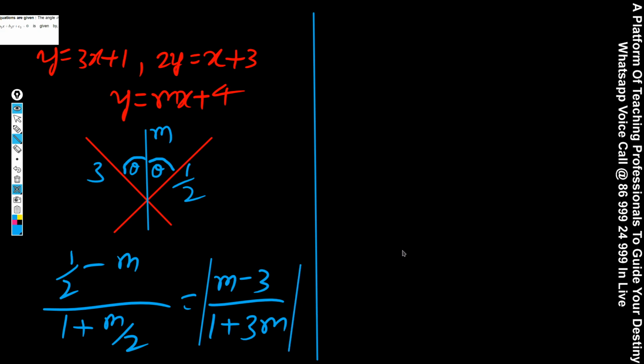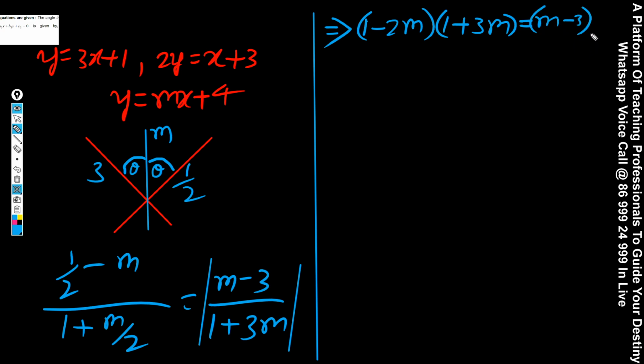Okay, now cross multiply, please. Cross multiply. If you take LCM for LHS, it is (1 minus 2m) into (1 plus 3m) is equal to (m minus 3) into (2 plus m).